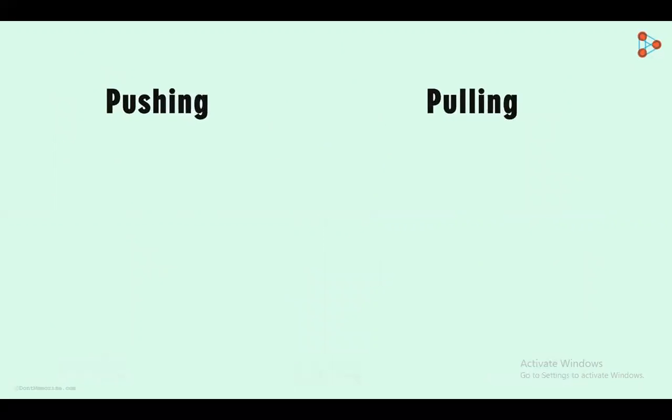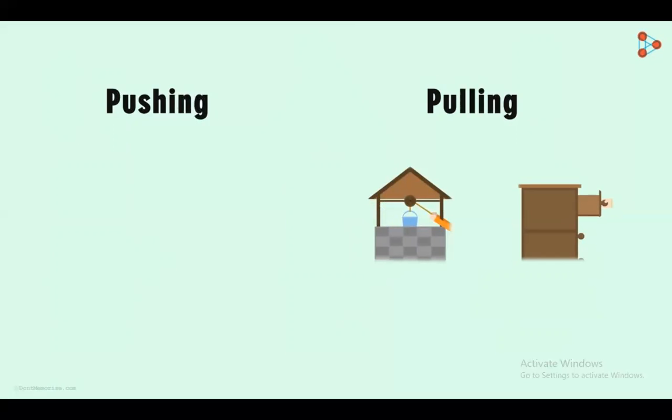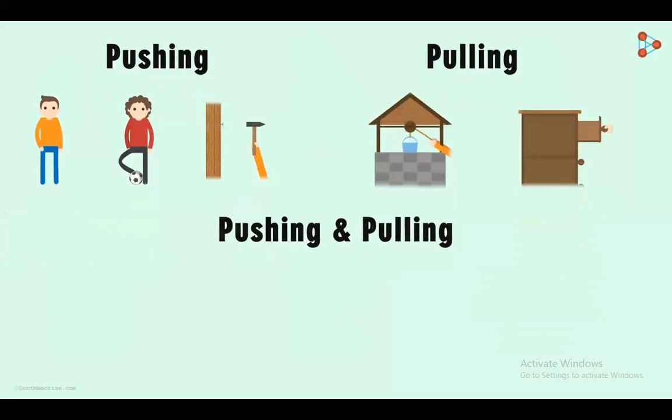For example, when we open this drawer, we are simply pulling the knob of the drawer to open it. Similarly, when we are drawing or lifting a bucket of water from the well, we are pulling the bucket towards us. What are the actions that can be described under pushing? Actions such as passing the ball, hitting the hammer on the nail, etc. can be thought of as pushing an object. Are there any actions that can be described under both?